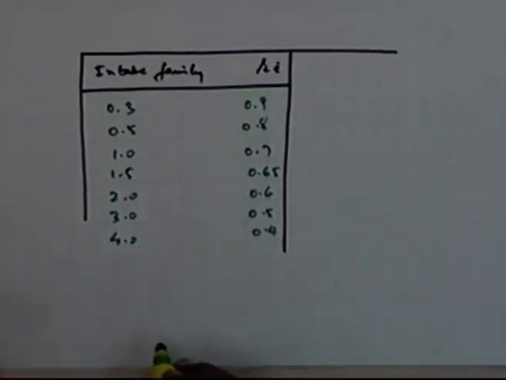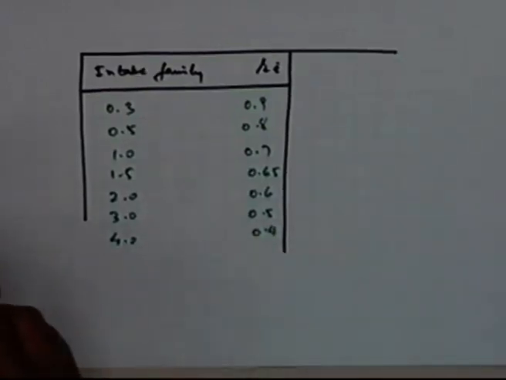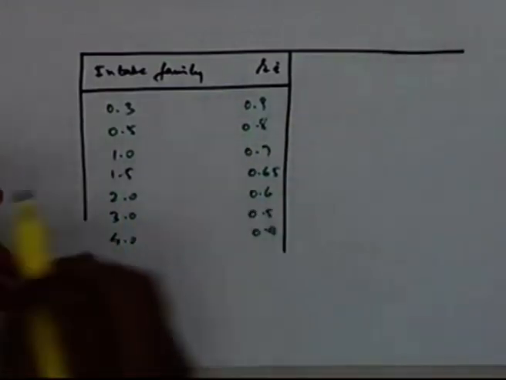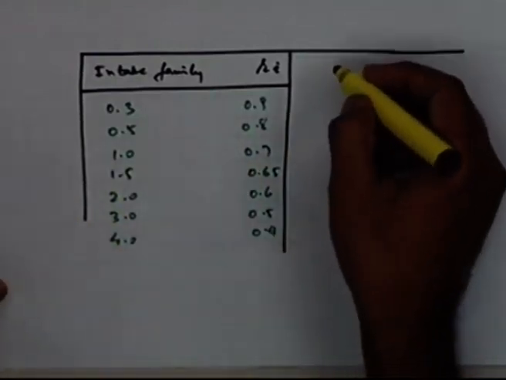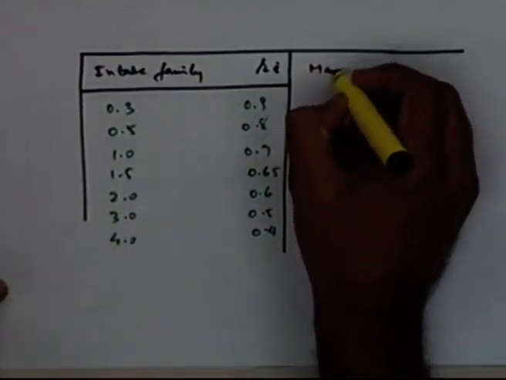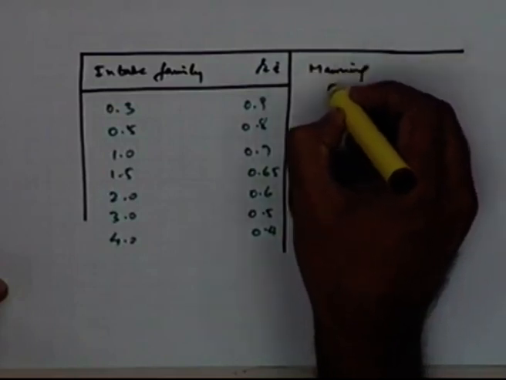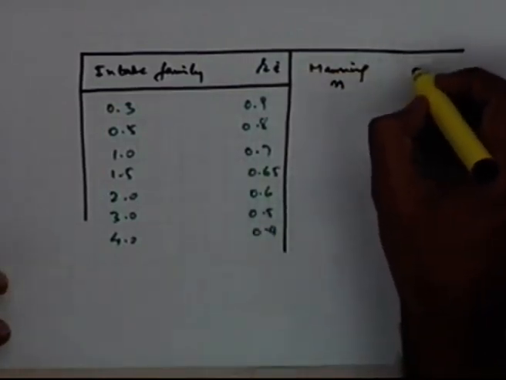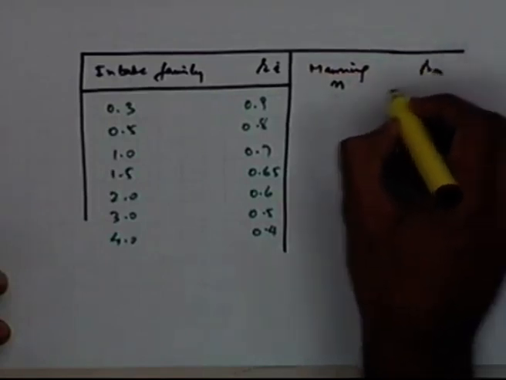These are the recommended factors for different intake families, and similarly the other is between Manning's n and the Rn value.